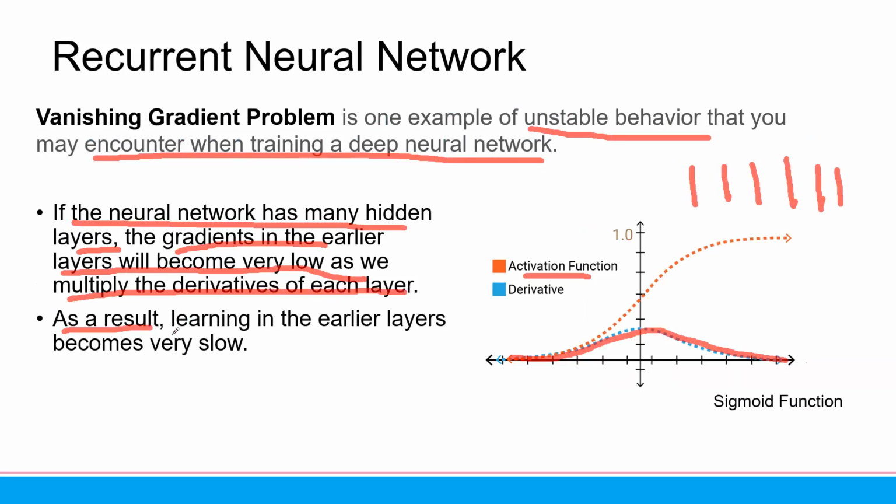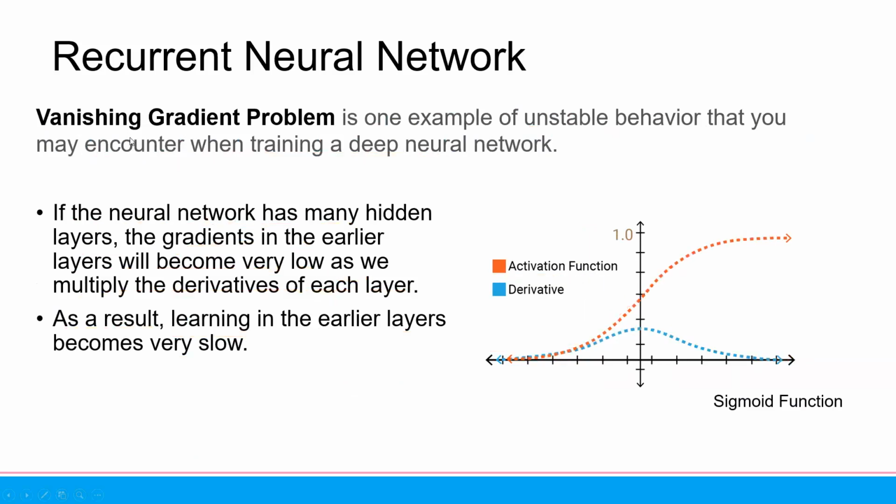As a result, learning in the early layers becomes very slow, and if it gets slow enough, then maybe it will give you 0. That's why we need the activation function, in order to activate a bigger number. This is how the activation function works in the traditional deep neural network.